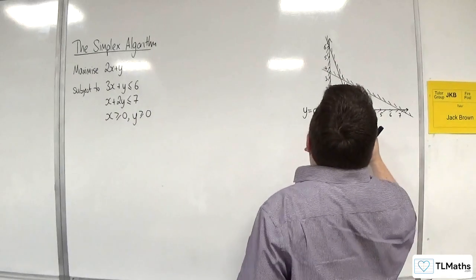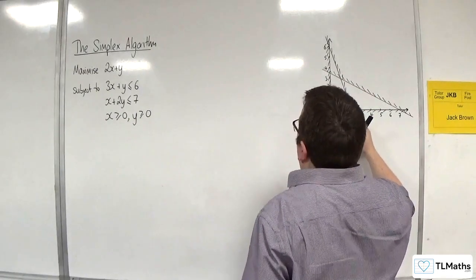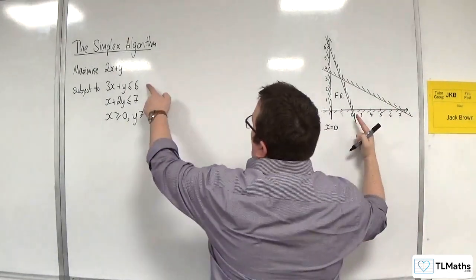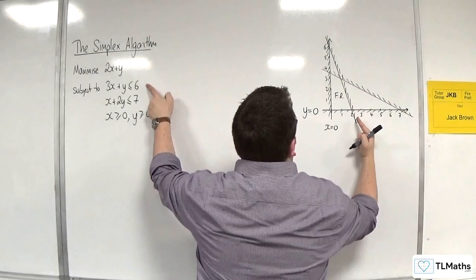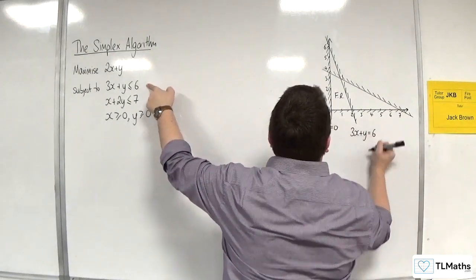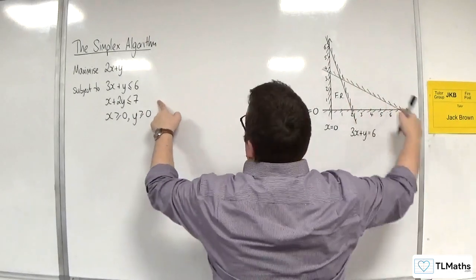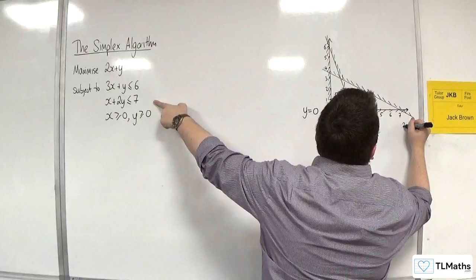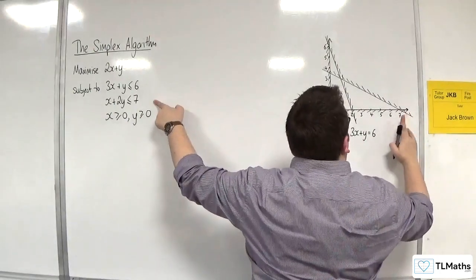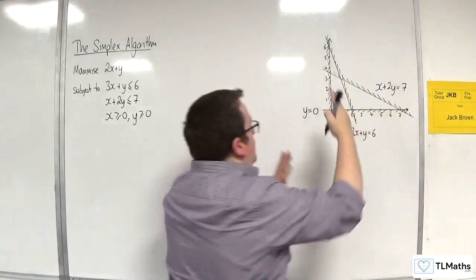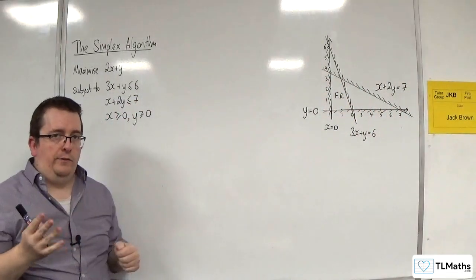Now this one that goes through 2 on the x-axis and 6 on the y-axis is 3x plus y equals 6. And this line is x plus 2y equals 7. So they are the equations of those 4 lines.